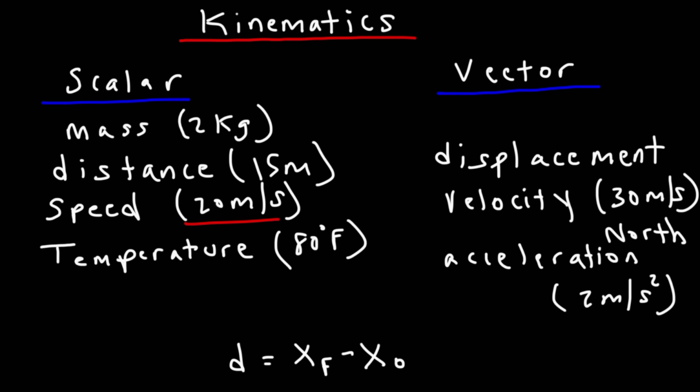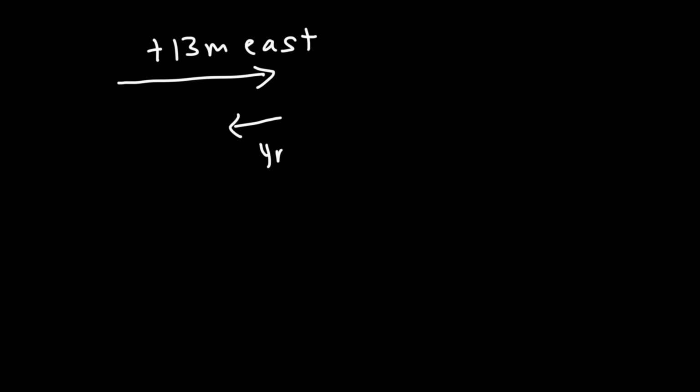Now let's talk more about the difference between distance and displacement. So let's say a person traveled 13 meters east. And then he turns around and travels 4 meters west.